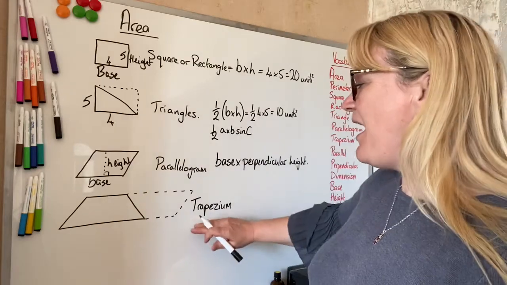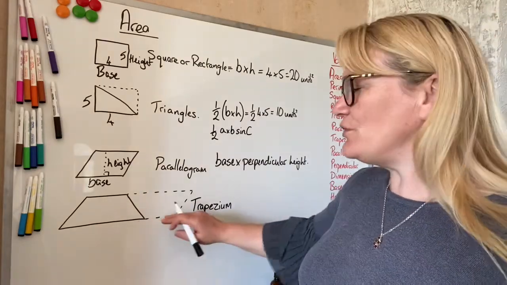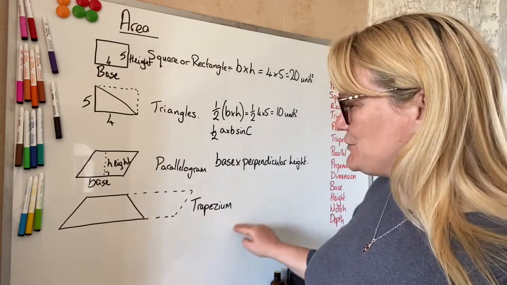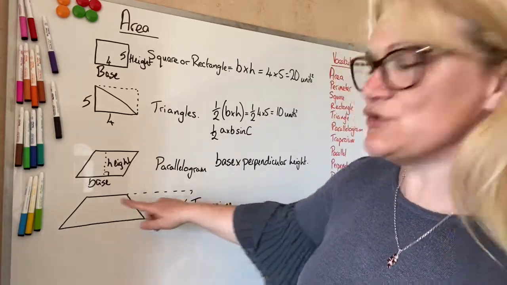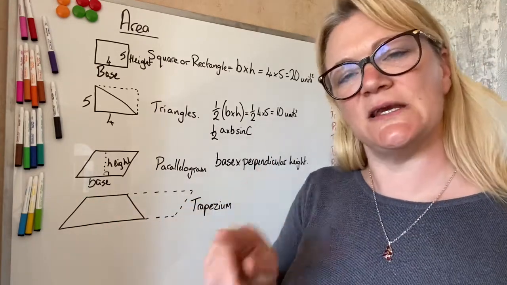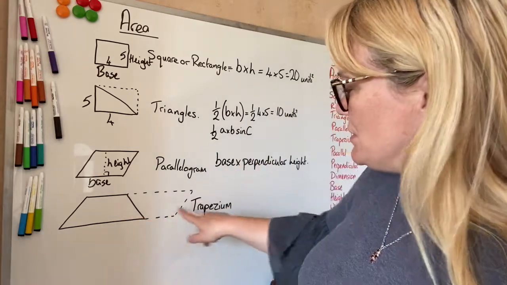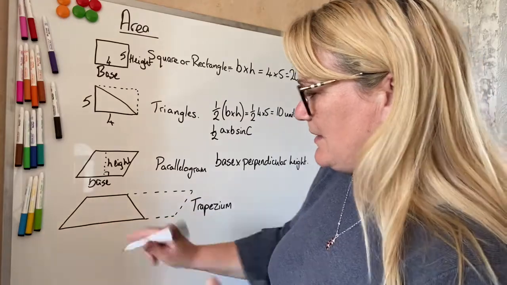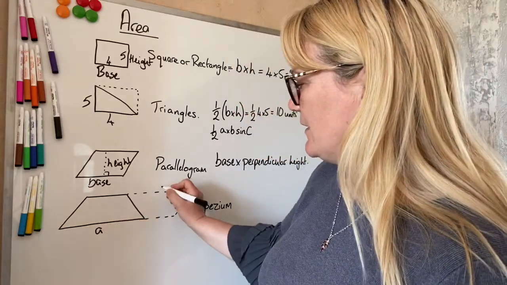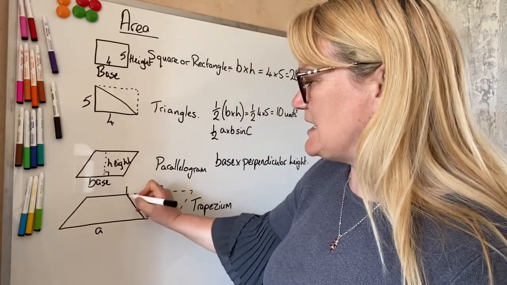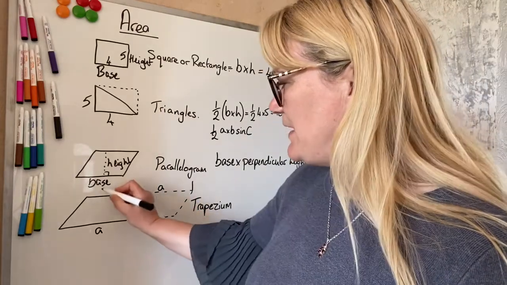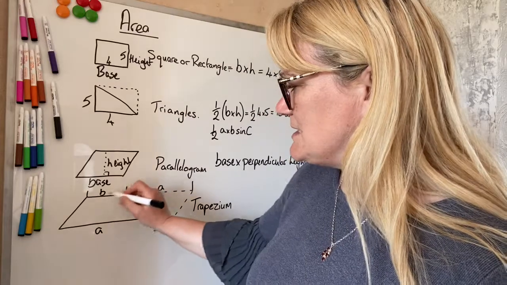For a trapezium, now I've drawn a bigger diagram for this one because of the area of a trapezium. If you put two trapezia together, can you see that this length here, if we call that length A, let's call that length just here A as well, and this length here is B, that length there is B as well.